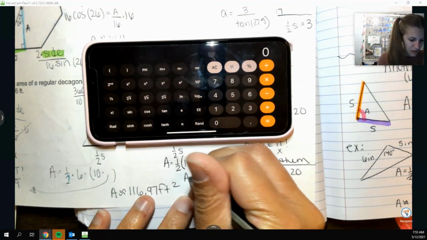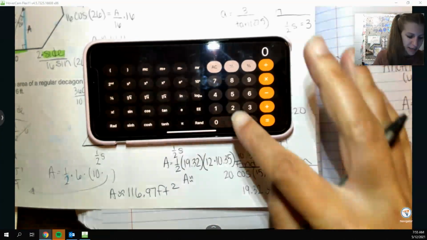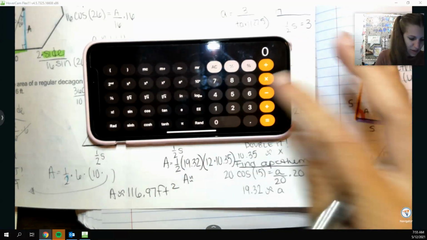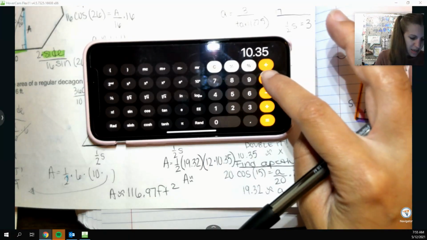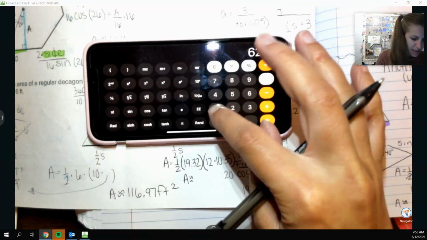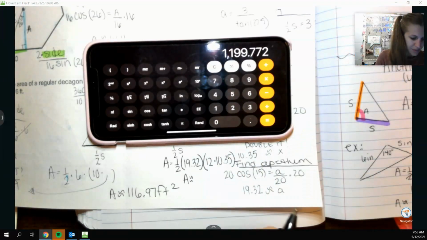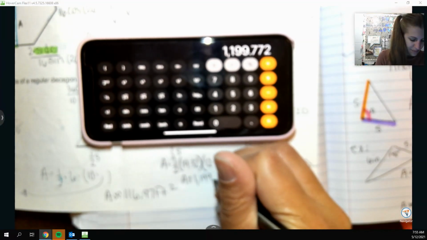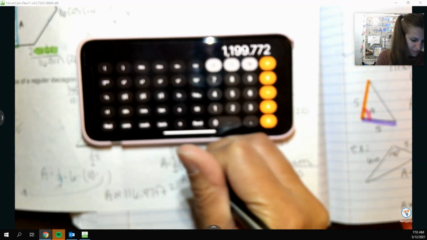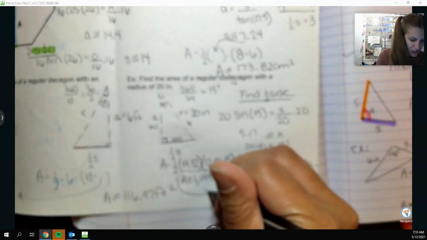So let's get this real gross approximated answer right here. I'm going to take half of 12, so just 6 times 10.35 times 19.32. Dang, that's a lot of area. I feel like they told me the units on this. Yeah, inches squared.